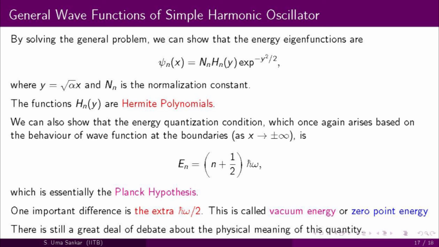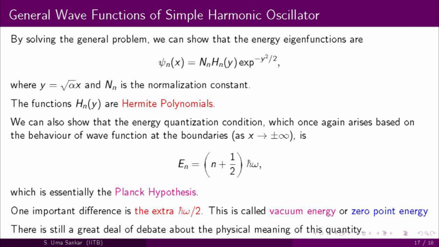And by substituting these functions in the Schrodinger's equation, we can get the energy quantization condition that the nth level of energy has the value n plus half times h cross omega.